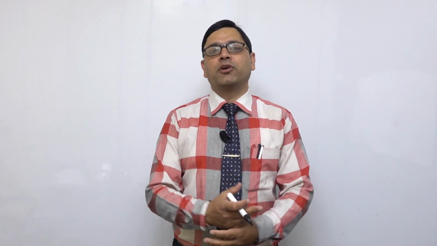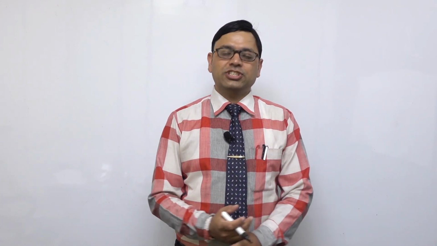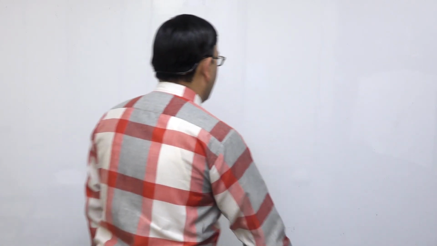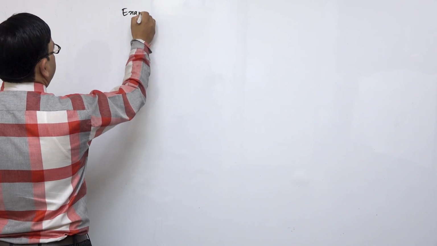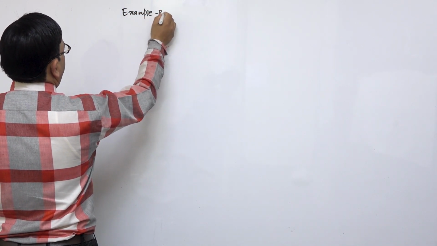Students, now we are going to look at another example of a different model. Our next question is also a little bit different. Okay, let's look at our example number 8. Example 8.